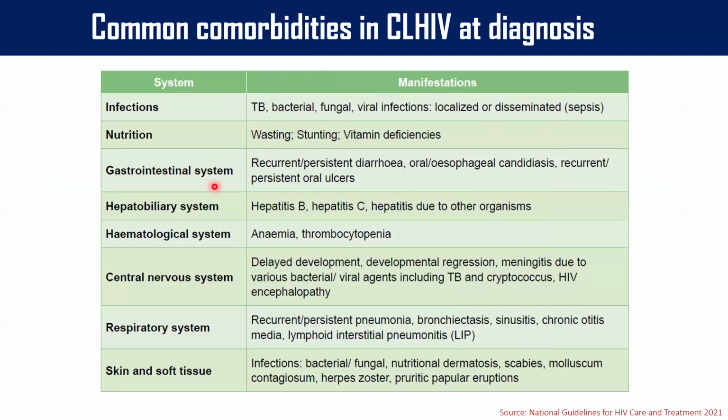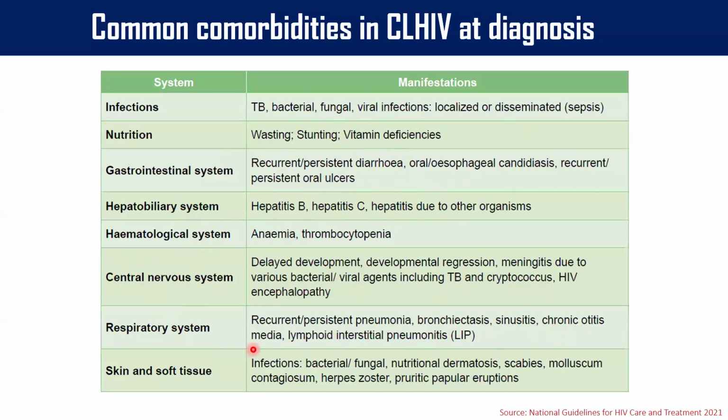When you look at your gastrointestinal system, you will have recurrent or persistent diarrhea, candidiasis. These are again infectious causes, whereas recurrent persistent oral ulcers is a non-infectious cause. Hepatobiliary, you have hepatitis B, C, and hepatitis due to other organisms. CNS, you have again tuberculosis, cryptococcosis, HIV itself, bacterial agents, and in respiratory, you have pneumonias, even otitis media.